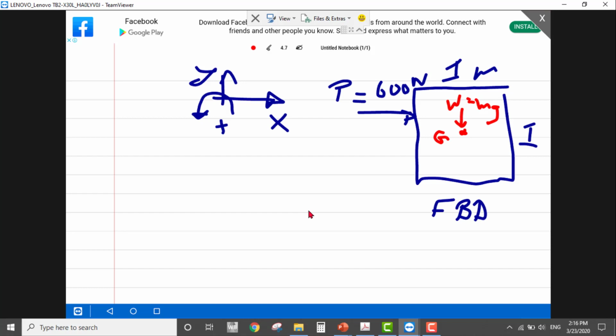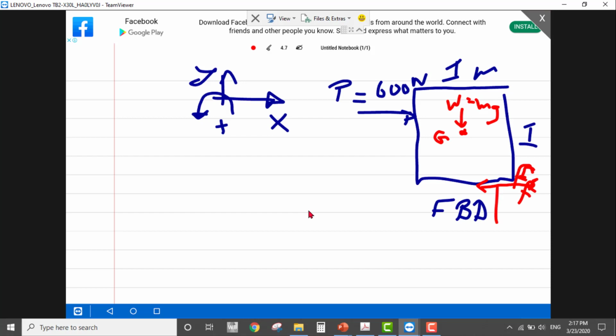What else? What do we have? We have the friction, okay, so here is the friction force, F friction, okay. What else?